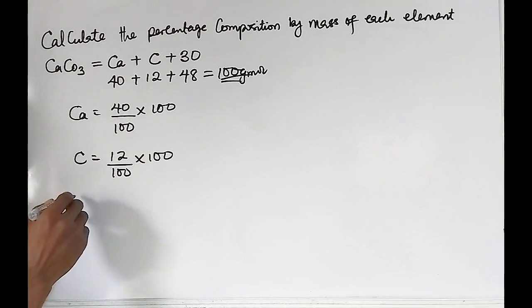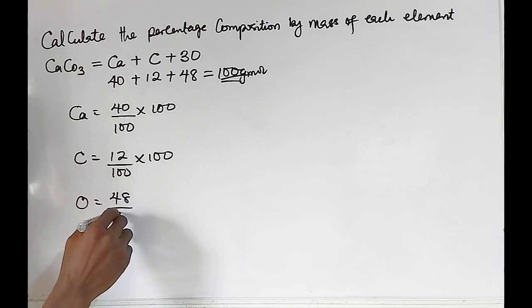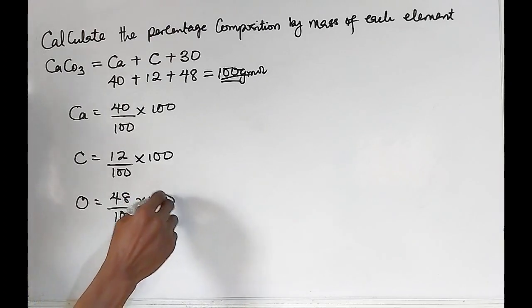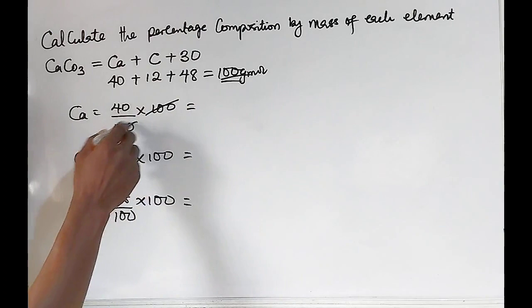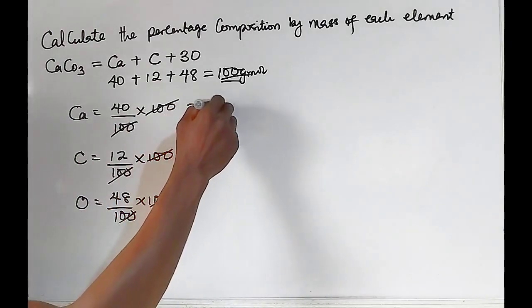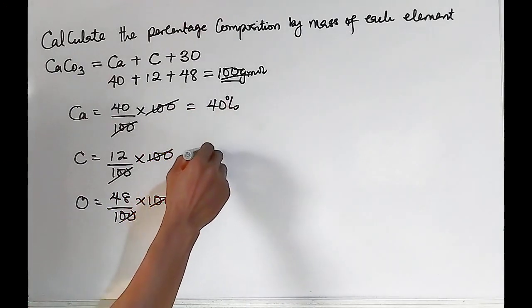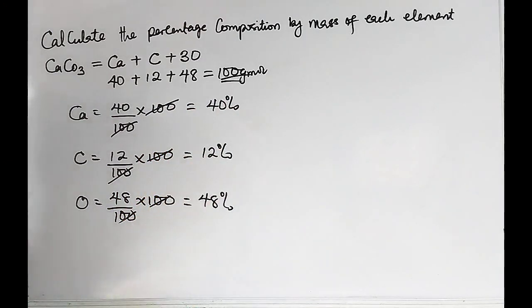And oxygen, which is 3, that will be 48 over 100 times 100. I'm sure this is very simple. Just eliminate the 100, and this will give us 40%, 12% and 48%. Alright, this is the second one. Now let's move to the third one, which is a bit more difficult than this.